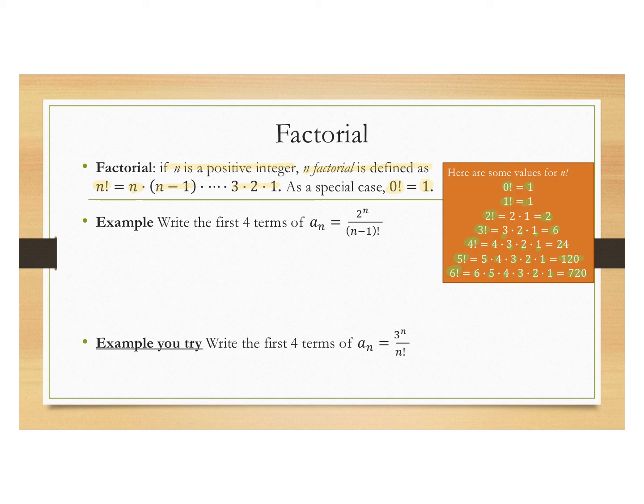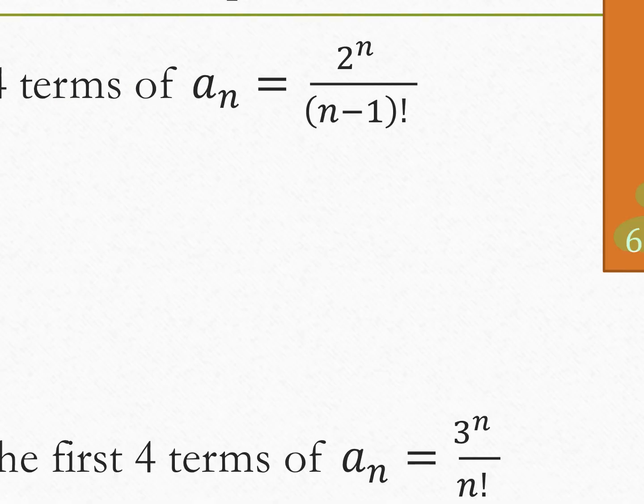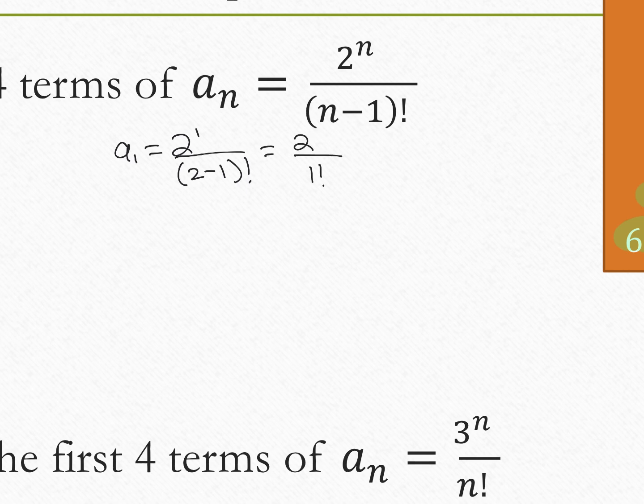Okay, so just a little side note, and notice in our first type of problem, we're going to write the first 4 terms of our sequence. Okay, so a sub 1, 2 to the first over 2 minus 1 factorial, or 2 over 1 factorial, which is 2 over 1, or 2.